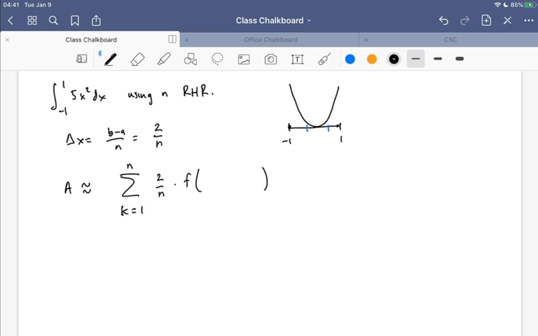The sum goes from 1 to n because we're doing the right-handed version, not the left-handed one. The left-handed version would go from 0 to n minus 1, right? So it's just which point you're leaving off, the first one or the last one. Are we clear with that part? Then we'll fill in what the f of whatever needs to be.